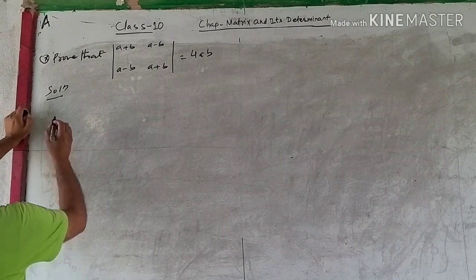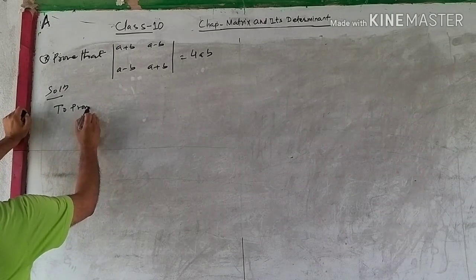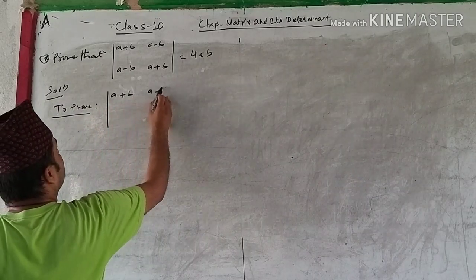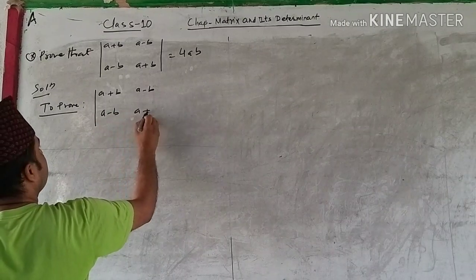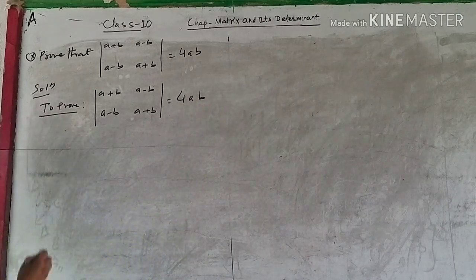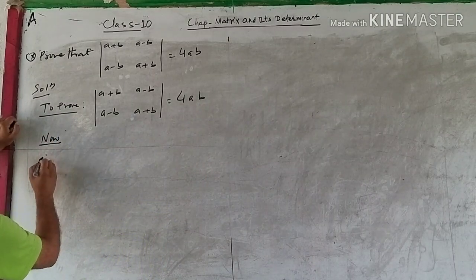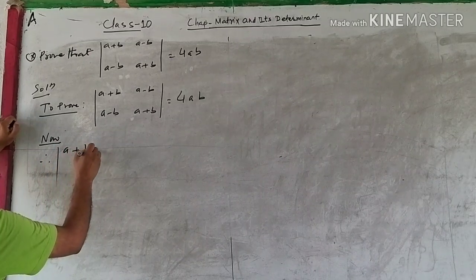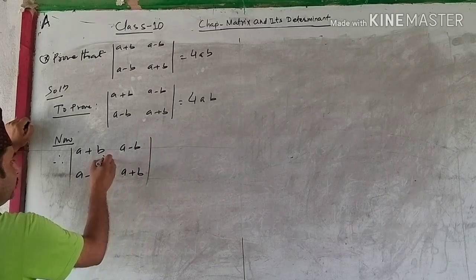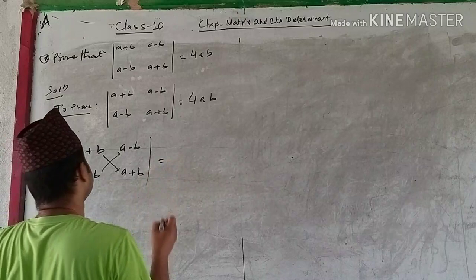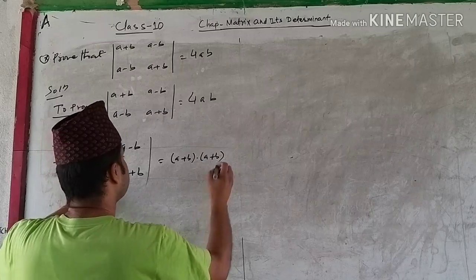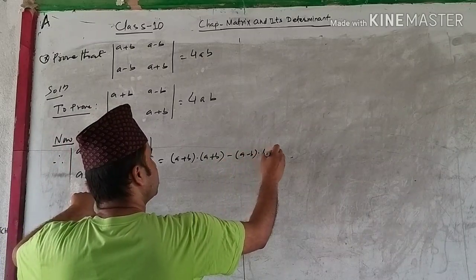So here it is very easy. Solution to prove: the determinant of a plus b, a minus b, a minus b, a plus b equals 4ab. Now, cross multiplying, we get a plus b times a plus b minus a minus b times a minus b.